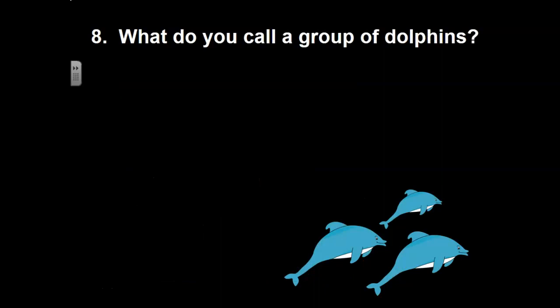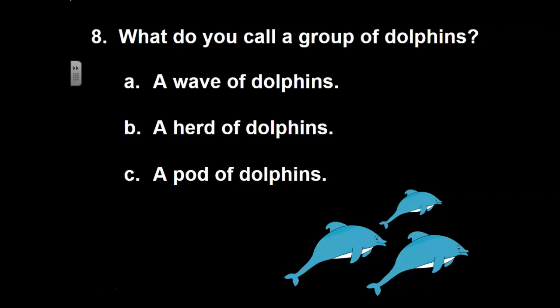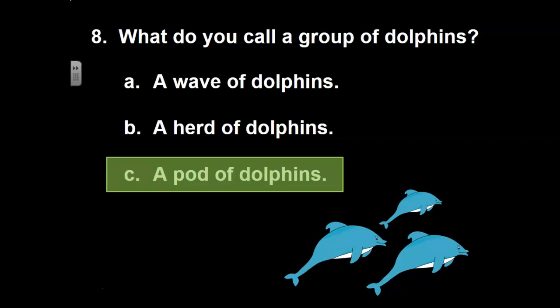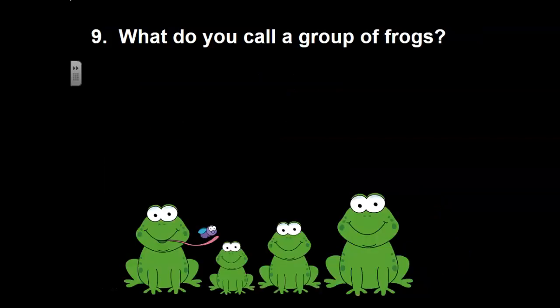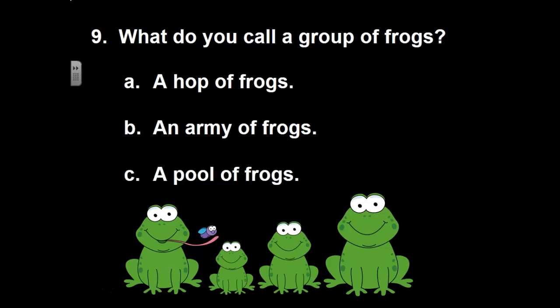What do you call a group of dolphins? Is it wave, herd, or pod? The collective noun is pod. Pod of dolphins. What do you call a group of frogs? Is it hop, army, or pool?